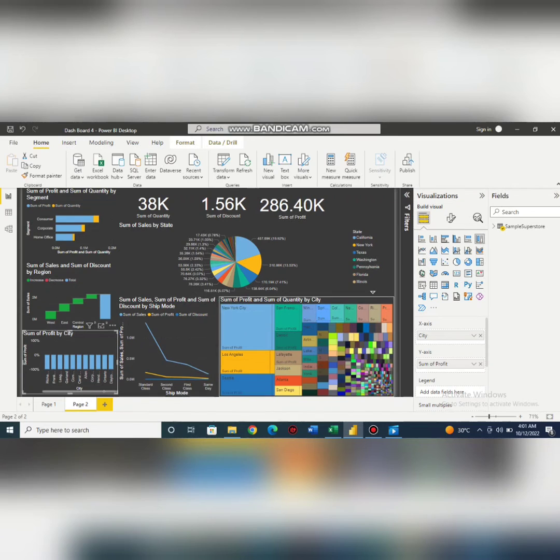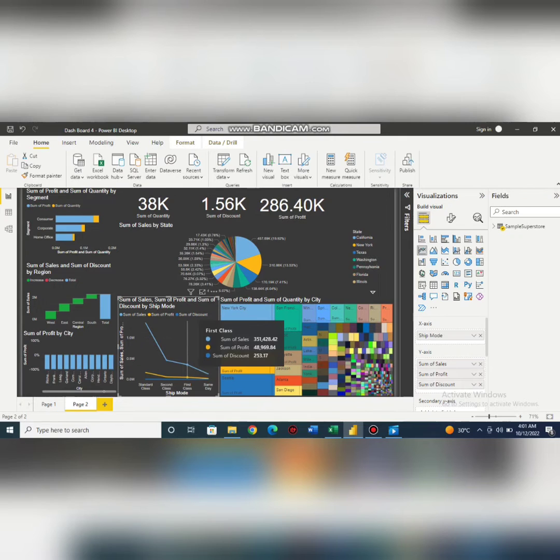Now I will show you the sales, profit and discount by ship mode. We can see here that the standard class ship mode has the most profit, less in second class, even less in first, and least in the same day shipment mode. It is because in the same day shipment mode the discount and the sales are lowest, more in first class, more in second, and most in standard class.